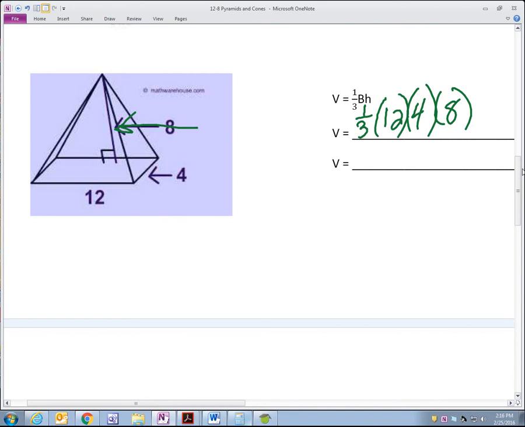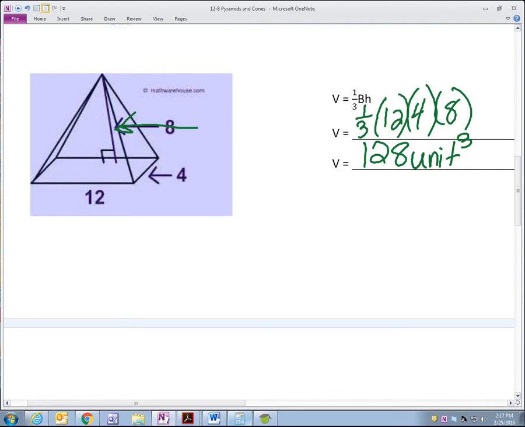128 units squared. Good. Units cubed. Units cubed. Because once again, to use my rulers, this measurement is linear.